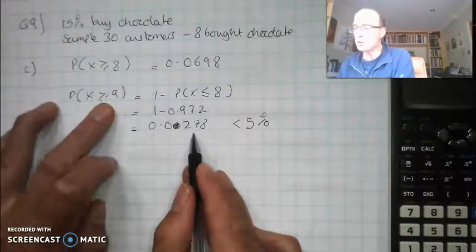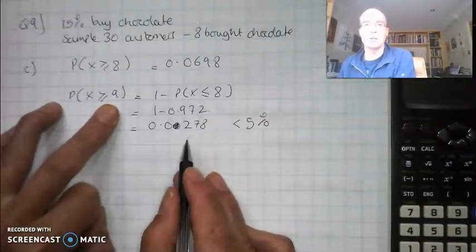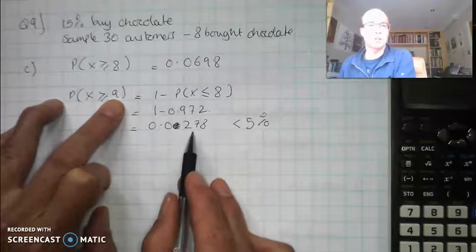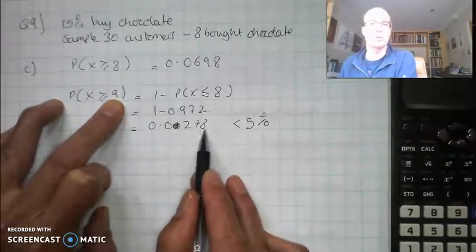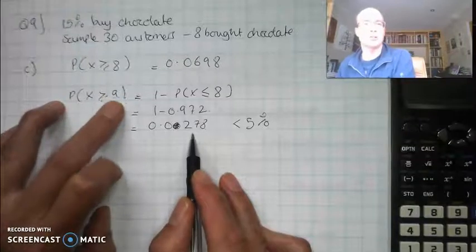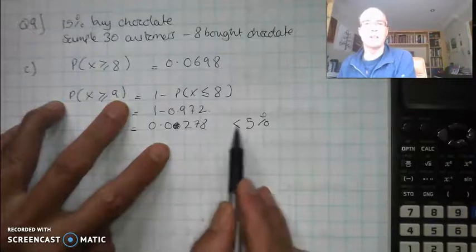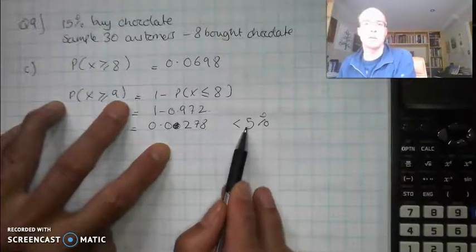So X greater than or equal to 9 is the first value that's in my critical region. X greater than or equal to 10, and this number would start getting smaller and smaller, so that would also be in the critical region. X greater than or equal to 11, again, this number is going to get smaller and smaller, definitely less than 5%, definitely in my critical region.